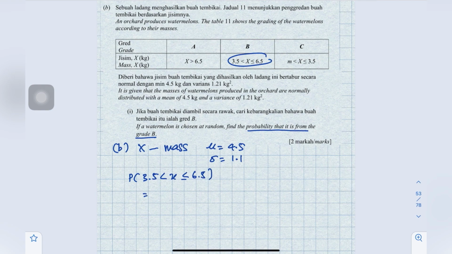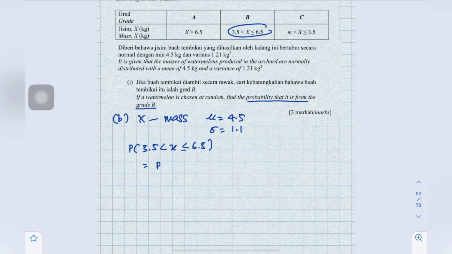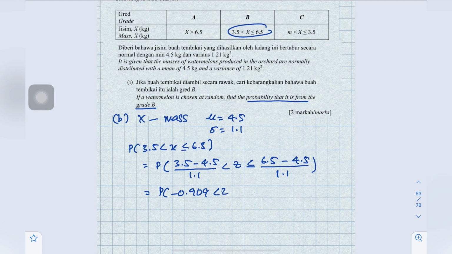You have to normalise it first. So P((3.5 minus 4.5) over 1.1 < Z < (6.5 minus 4.5) over 1.1). We will get negative 0.909 and 1.818.